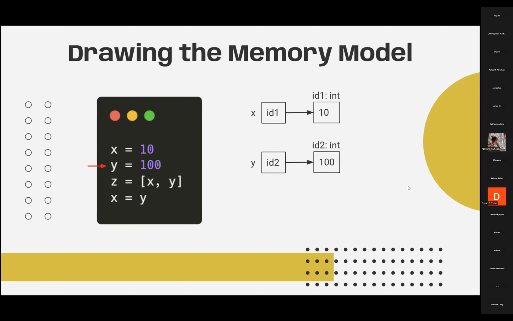Now we're also going to do the same thing with Y. Y will have some ID, which will tell us the value for Y, which in this case is 100.